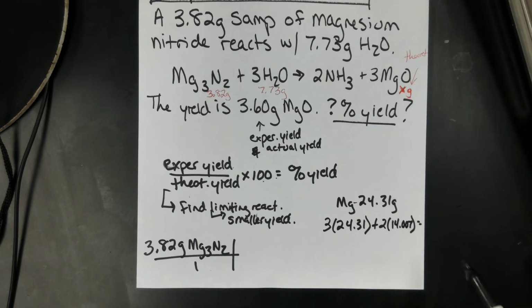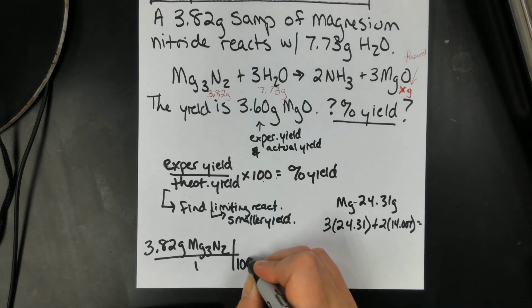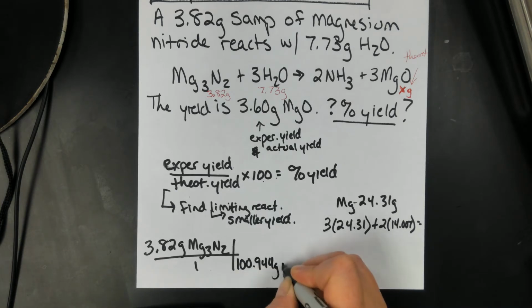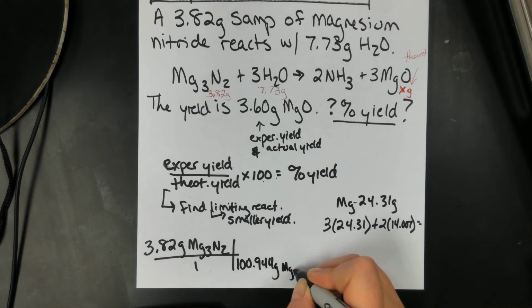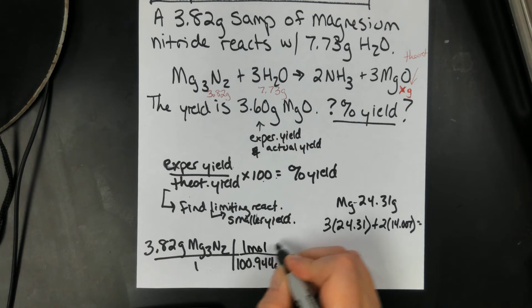This is math we're doing on the side to get the molar mass of magnesium nitride. We got 100.944. So 100.944 grams of magnesium nitride will give me 1 mole of magnesium nitride.